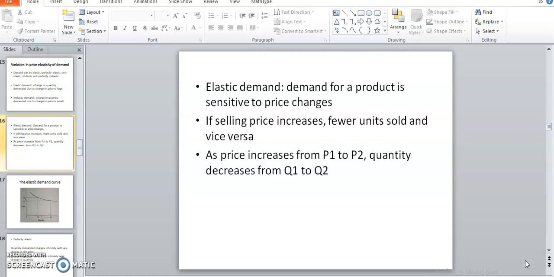Elastic demand means the demand for a product changes as per the price change, and that variation is very large.